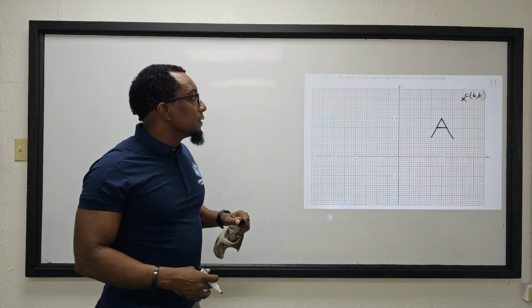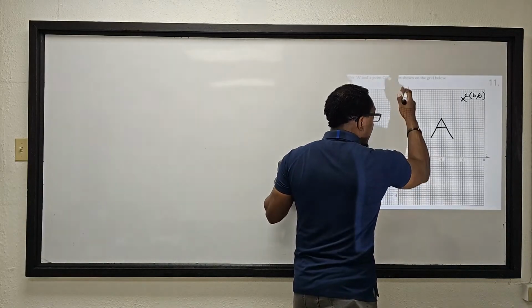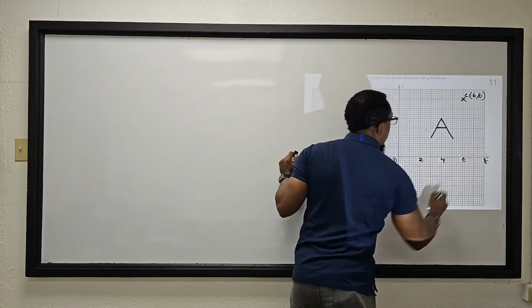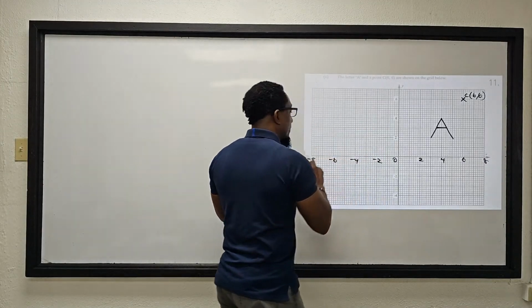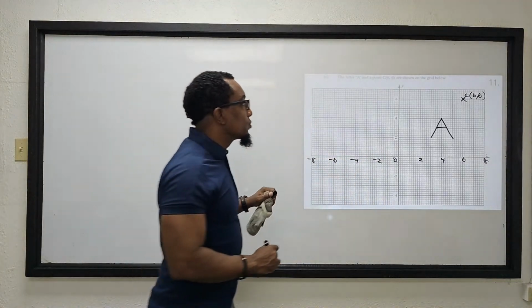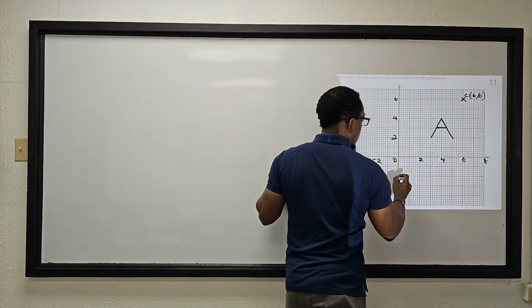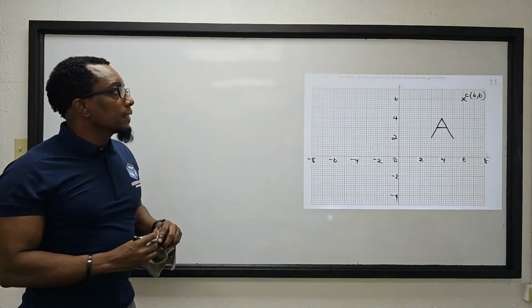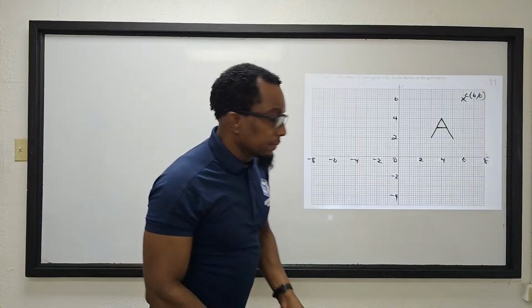And you have your y-axis and x-axis. This is 0, 2, 4, 6, 8. This is negative 2, negative 4, negative 6, negative 8. This is 2, 4, 6. This is negative 2, negative 4. Good? So you have your y-axis, your x-axis.